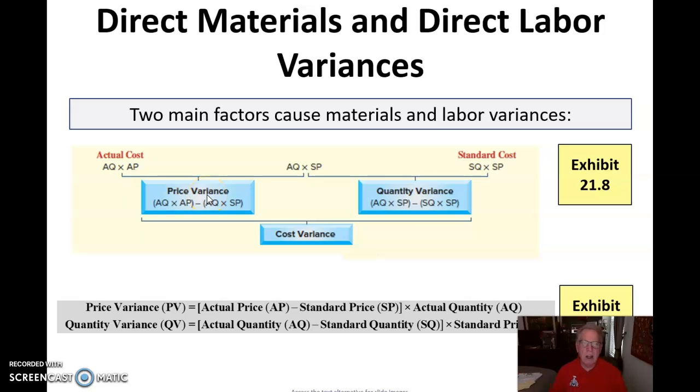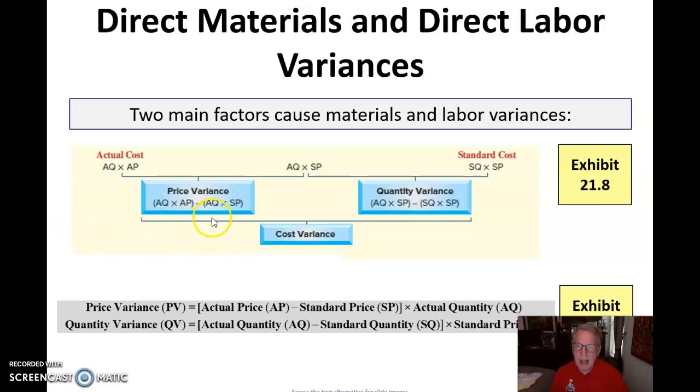And that's going to tell us, we have two reasons why we're going to have a material, or for that matter, a labor variance. In this case, price variance is going to be the price we pay for that raw material compared to standard, or the price we have for our wages compared to our standard wage rate.